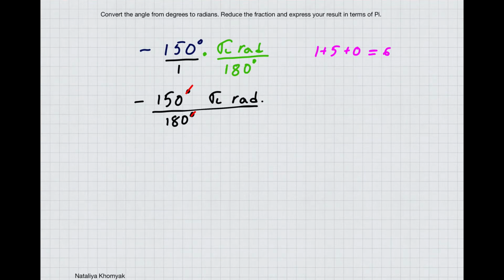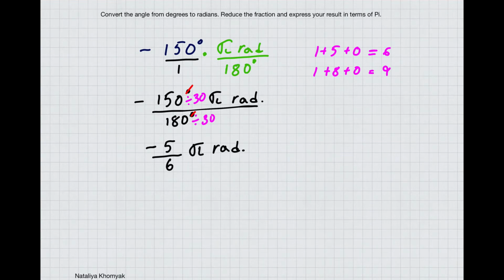Yes, I can divide 150 by 3. 1 plus 8 plus 0, that's a 9. Yes, you can divide denominator by 3. So we can divide by 3 and 10 at the same time. Thus, we can divide by 30 at the same time. Negative 150 divided by 30 gives us negative 5 out of 180 divided by 30 is 6, and we still have pi radians, or just pi.